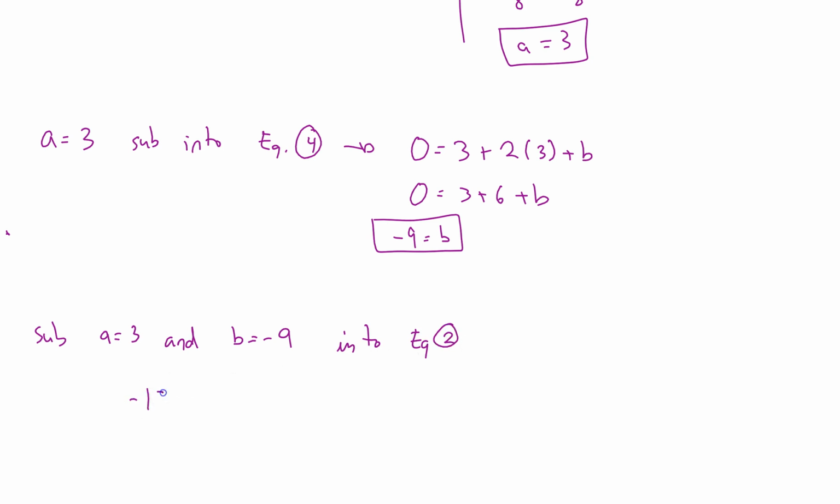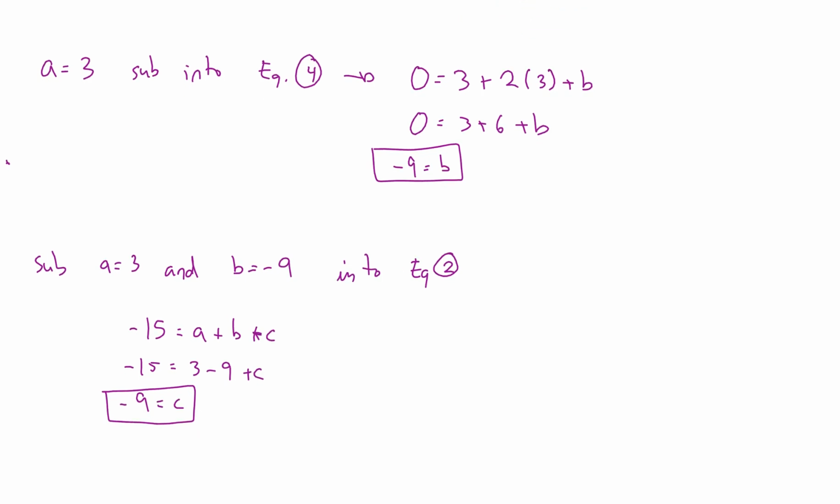So -15 is equal to a plus b plus c. -15 is equal to 3 minus 9 plus c. 3 minus 9 is -6. So -6 plus 15. Oh, sorry. -15 plus 6 will give us -9 is equal to c.